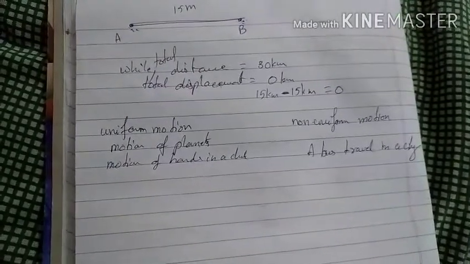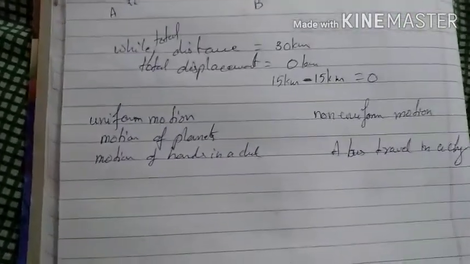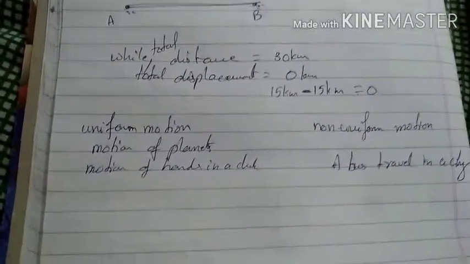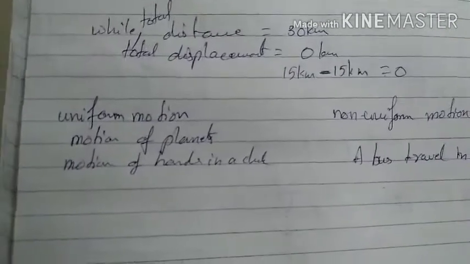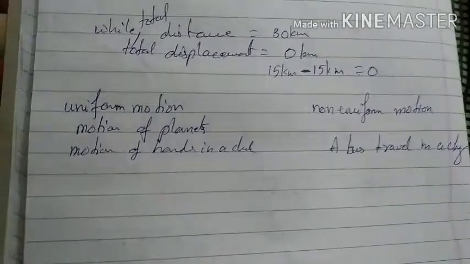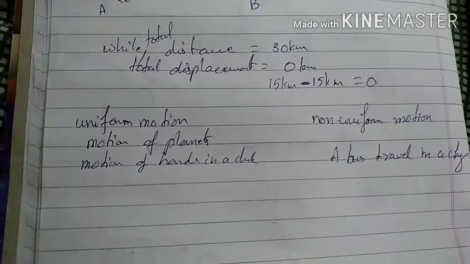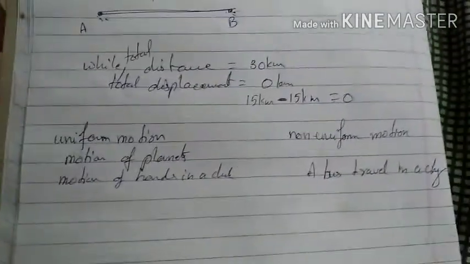So these are all non-uniform motion. The reason to discuss uniform and non-uniform motion is that we have various types of speeds regarding this uniform and non-uniform motion.